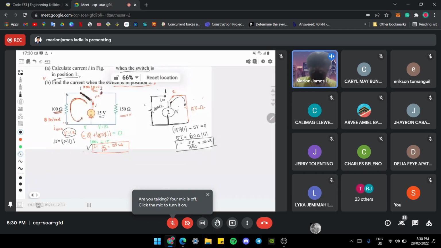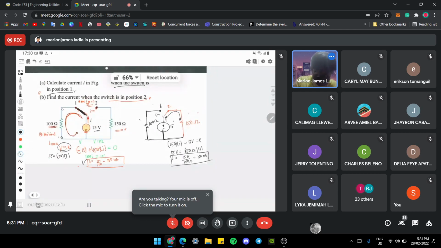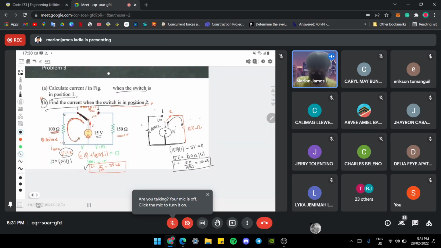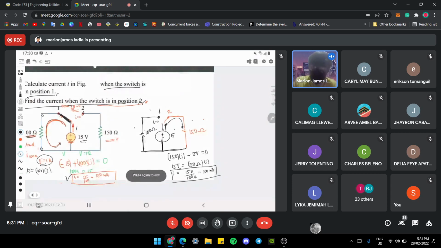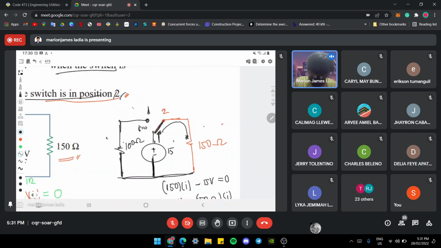Ganun lang din yung ginawa natin dito sa ating solution B. The only difference is that yung position ng ating switch, from position 1, nilagay natin siya sa position 2. Ayun, at position 2, yung I natin dito will be equal to 0 kasi nga wala nang current na dumadaan, wala nang current na dadaanan kasi nga butas.